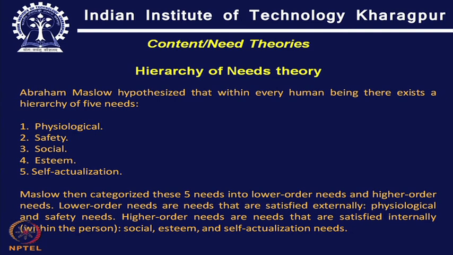Content theories, or need theories, as we may call them, are 2 to 3 broad theories, and the first that we will discuss here is the hierarchy of need theory. This theory was stated by Abraham Maslow, and it was hypothesized that within every human being there exists a hierarchy of 5 needs.